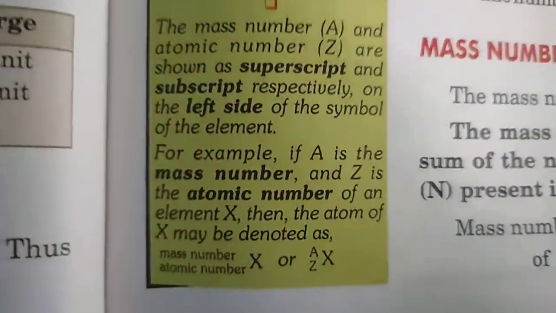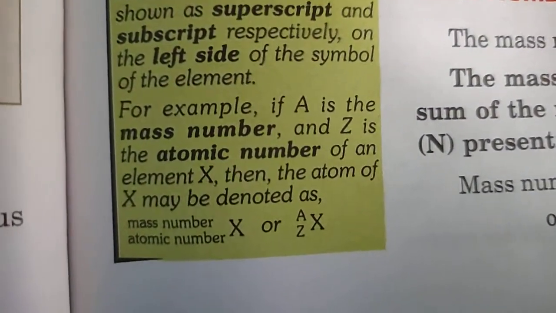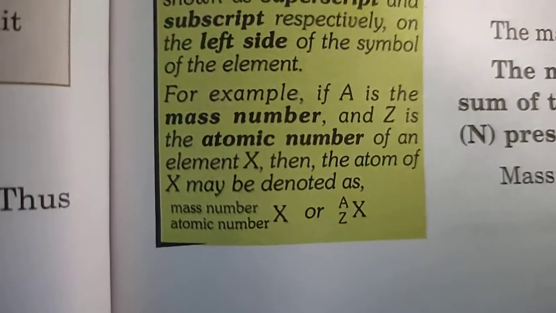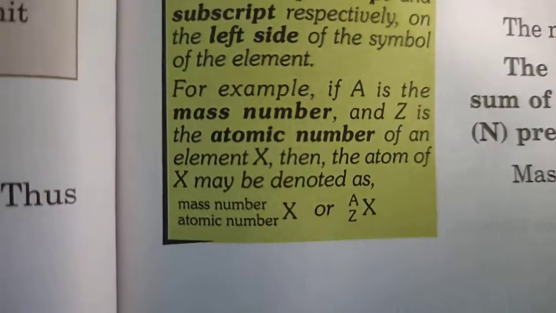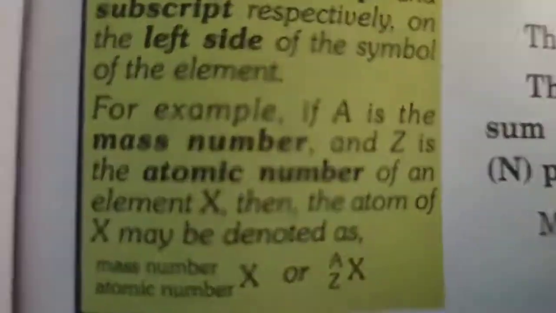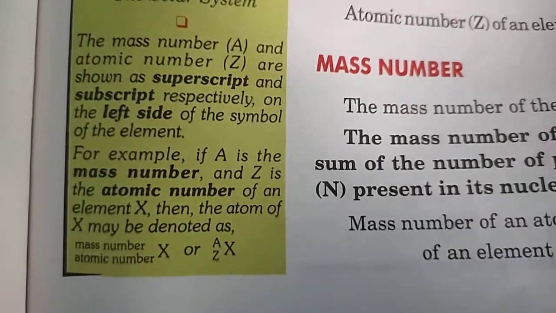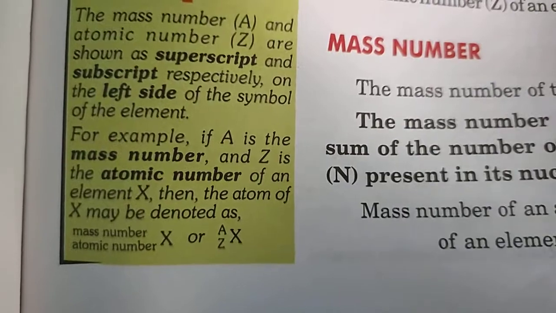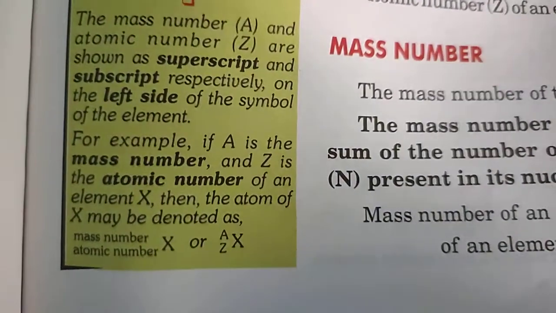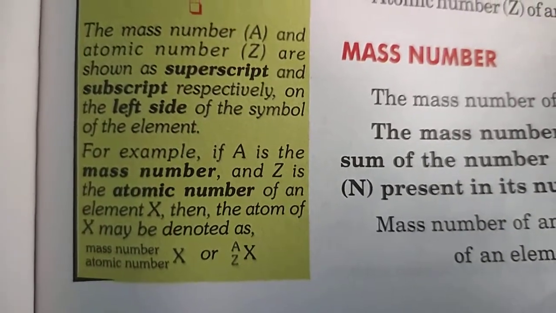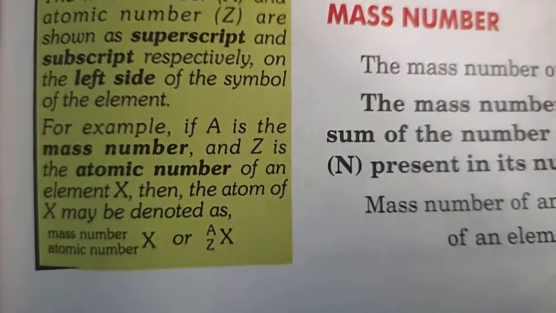In the symbol of an atom, the atomic number is given in the subscript, and the mass number in the superscript. Whenever an element is written, suppose Na is written in place of X, then the number written down is your atomic number, and the number up is your mass number.